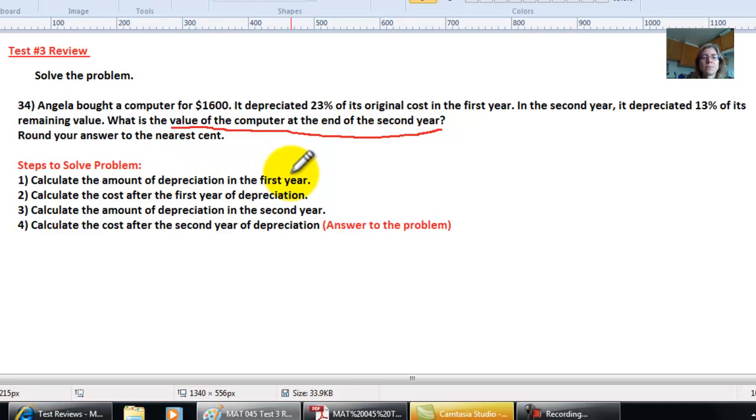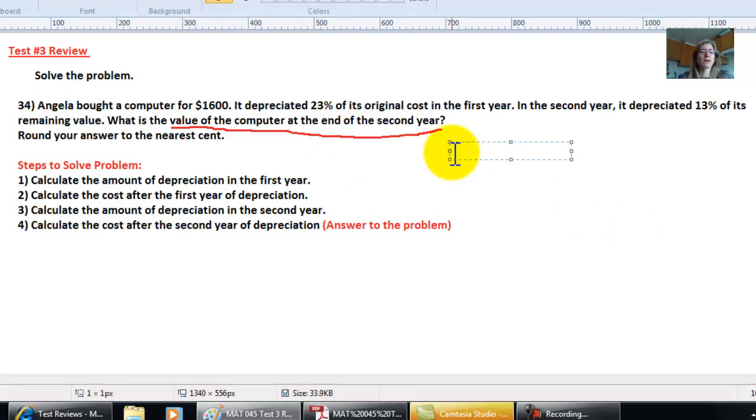Then we calculate the cost after the first year. Then we calculate the amount of depreciation in the second year. And with that answer, we calculate the cost after the second year of depreciation. So the answer to each step leads to the next step. We'll start with calculating the amount of depreciation in the first year.